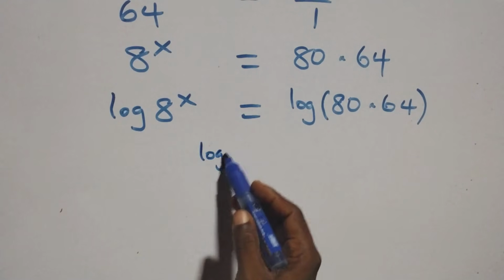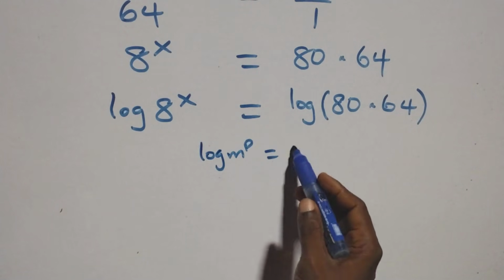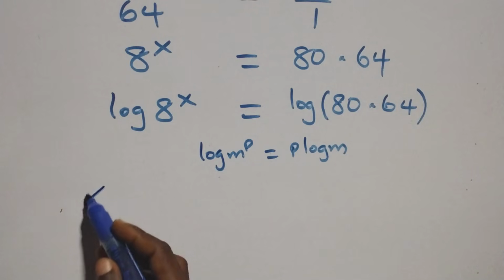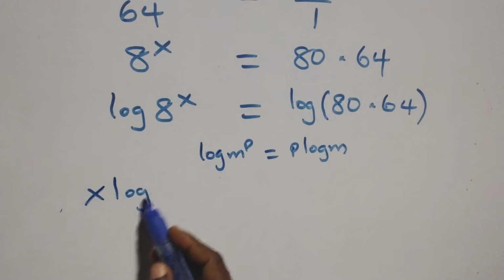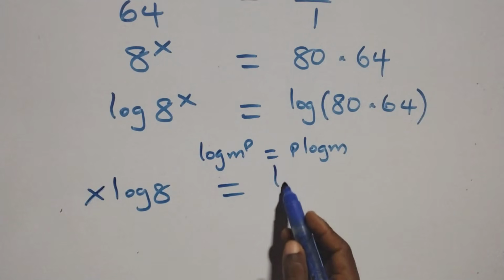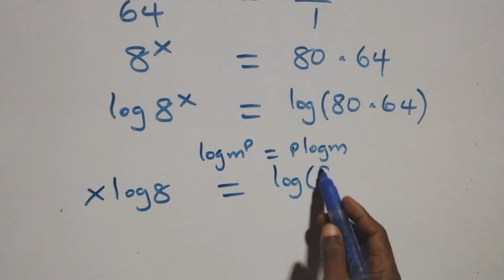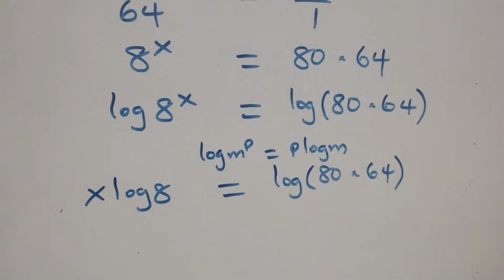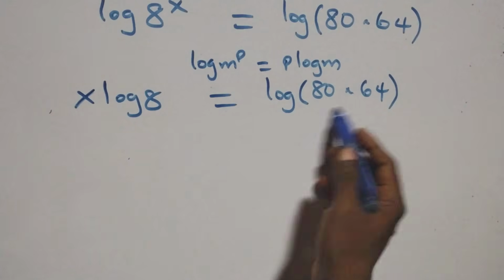When we have log m raised to power p, this is the same thing as p log m. For this, we have x log 8 equals log 80 times 64. Then this follows the law of logarithm.